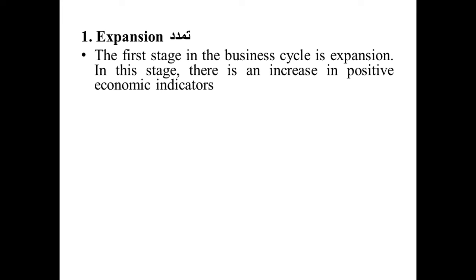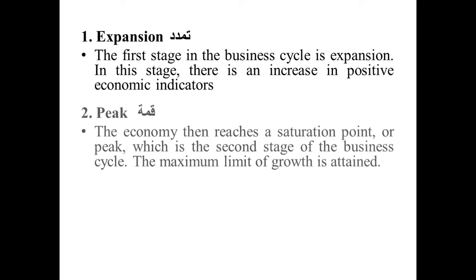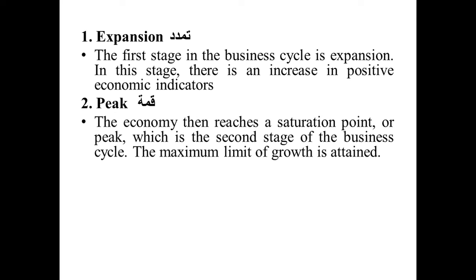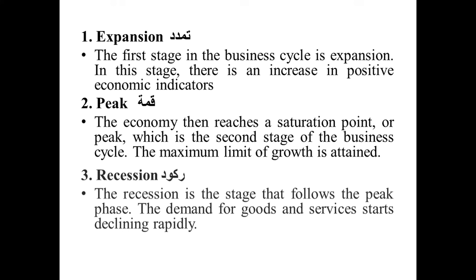The GDP will start increasing in a positive way until it reaches the peak. Okay, the peak or the saturation, as we say, the top, which is where the maximum limit of growth is attained.